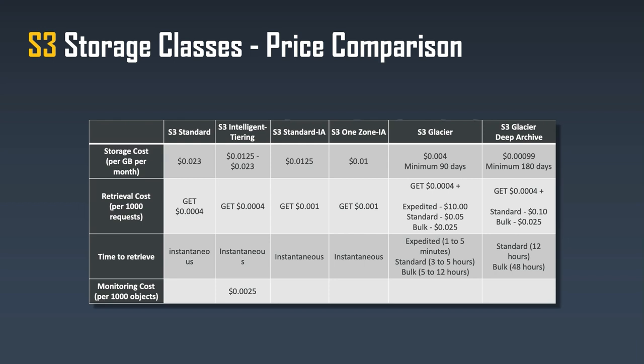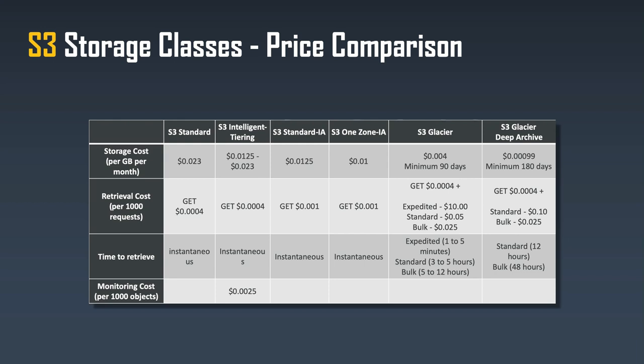And if you want the data fast enough, Intelligent Tiering is going to be between 0.023 and 0.0125. Standard IA is going to be that number, and One Zone IA is going to be even cheaper, and so on. And it shows also the retrieval cost.